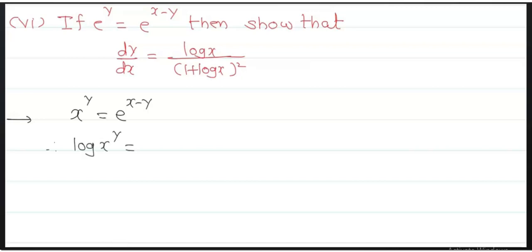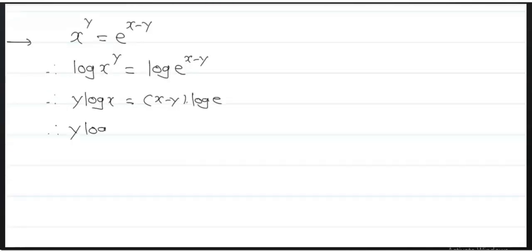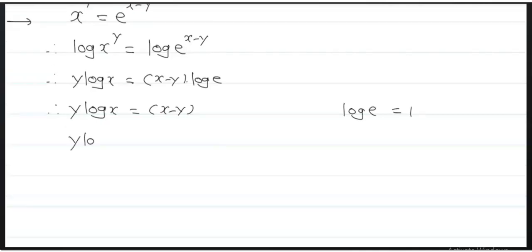Sorry, it's not e raised to y. There is a mistake in my writing. That x raised to y is equals to e raised to x minus y. I had corrected it. Take log on both sides. That is y log of x is equals to x minus y log of e. Log of e is 1. y log x is equals to x minus y.